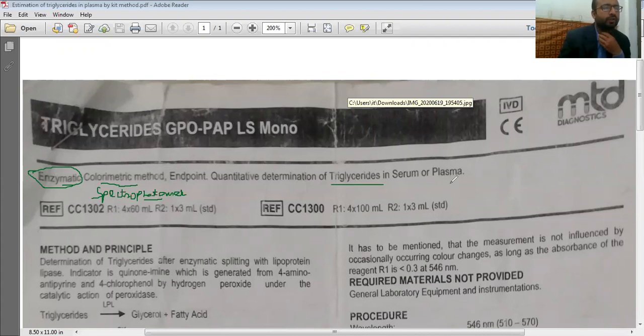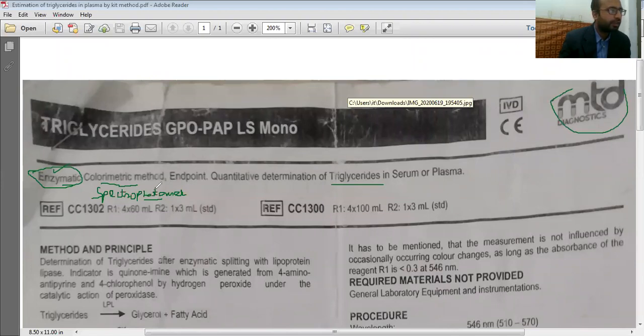And when we need to estimate the triglycerides in the lab, we use enzymatic reagents, those reagents which have the enzymes. These enzymes are provided by different commercial diagnostic companies, and today we are using the enzymes of MTD Diagnostic Company.